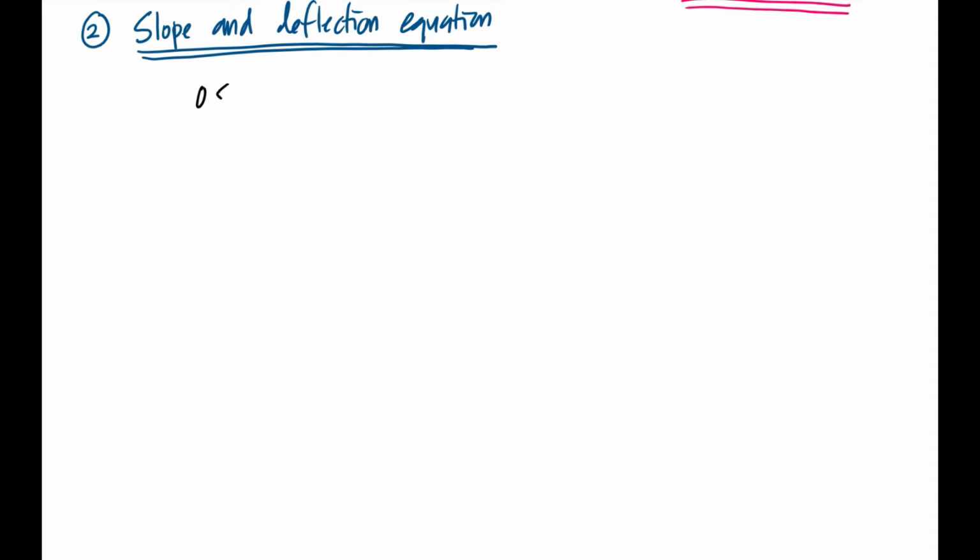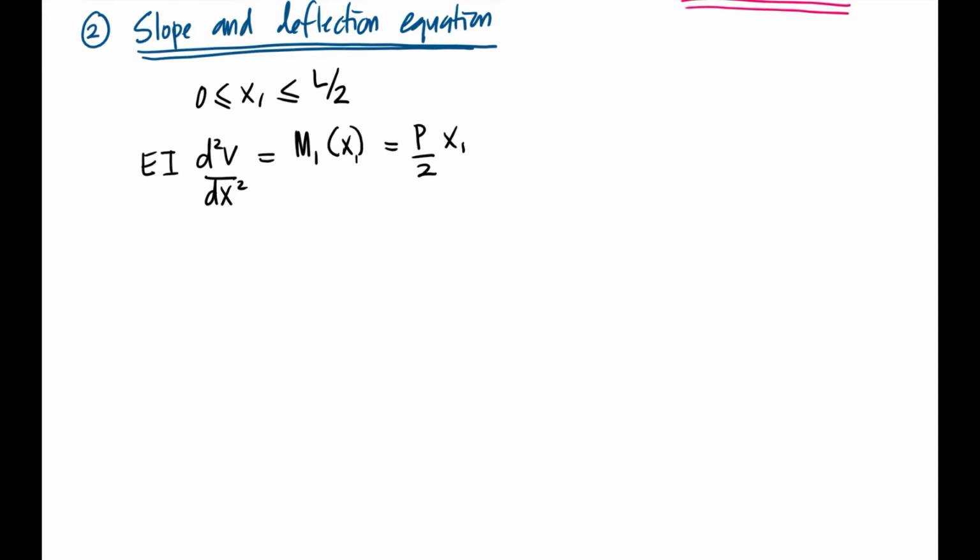So from 0 to x1 to L over 2, EI d squared v over dx squared equals moment 1. So moment 1 is P over 2 x1.